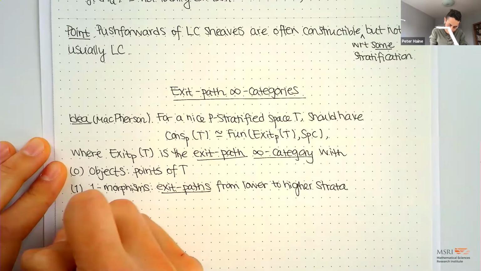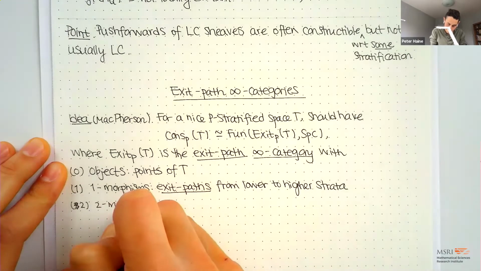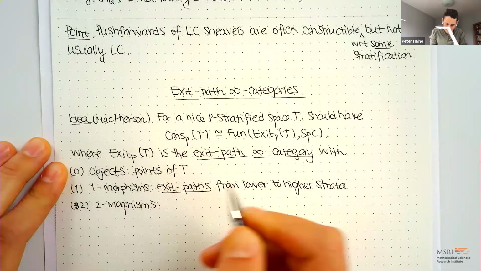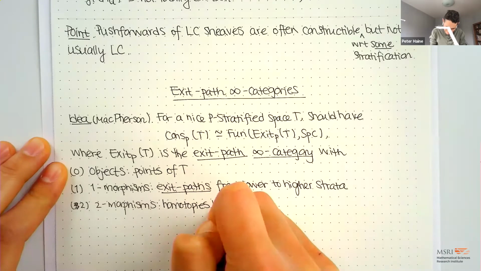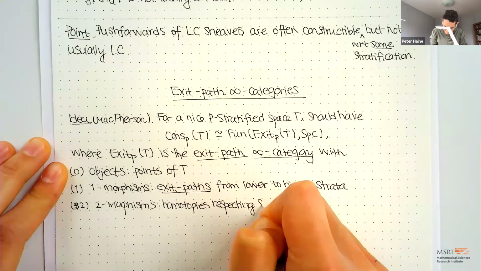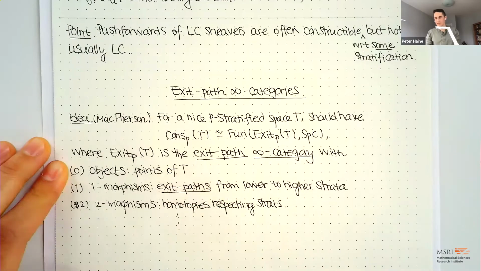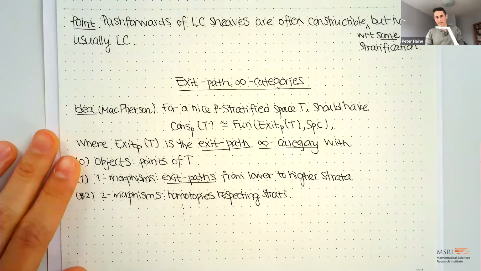This should be 2. The 2 morphisms should be homotopies respecting stratifications, and those things will be invertible, etc. So this is what you would like.